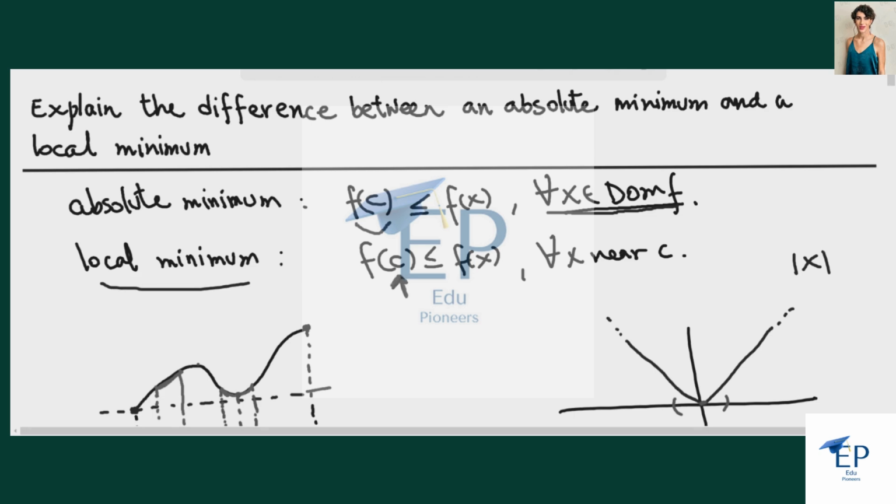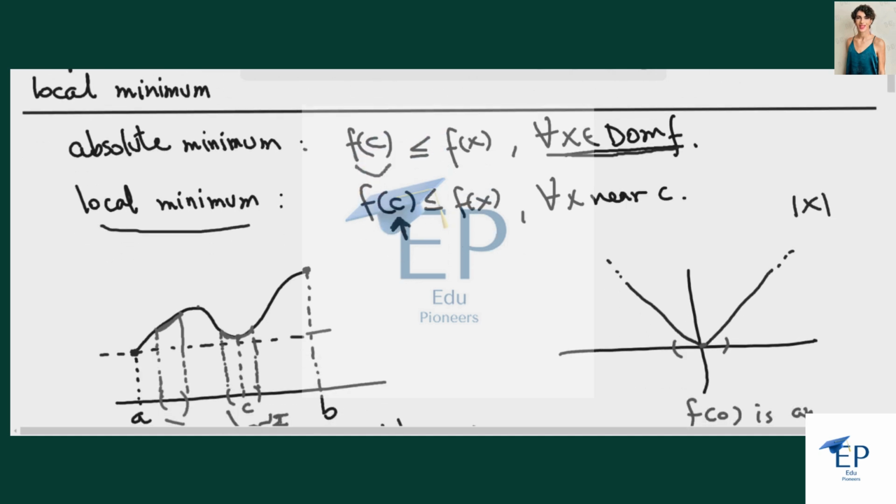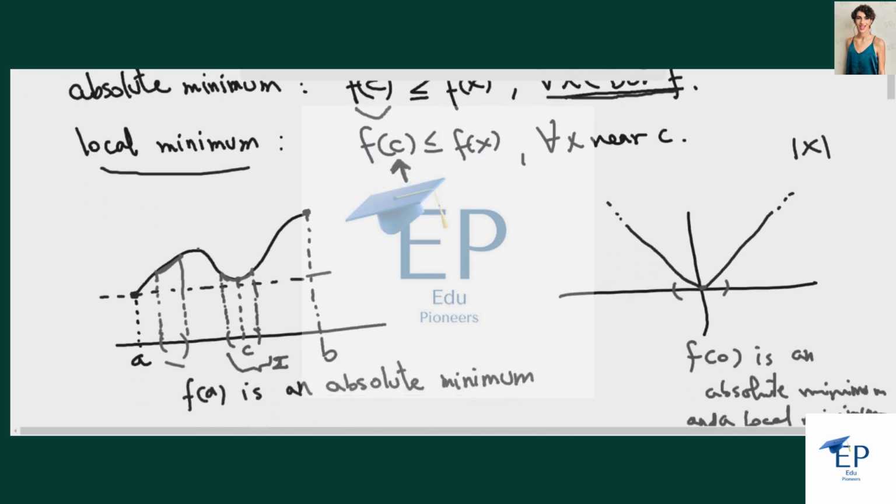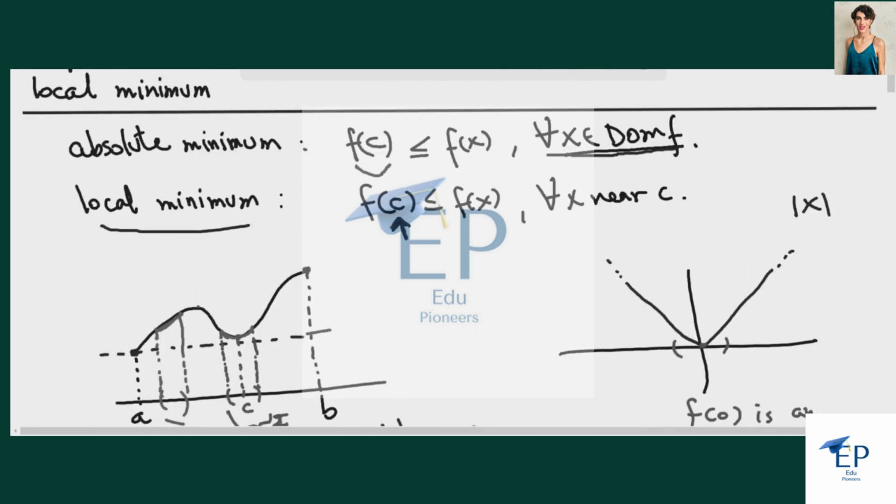Near means a relatively small interval around the value c, or in general an open interval containing c, for which the image of c is the smallest of the images of that interval. And that's the main difference.